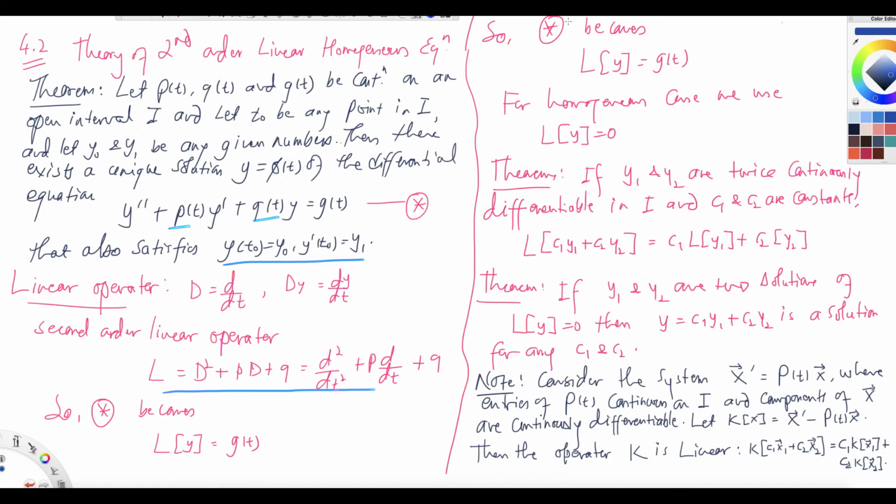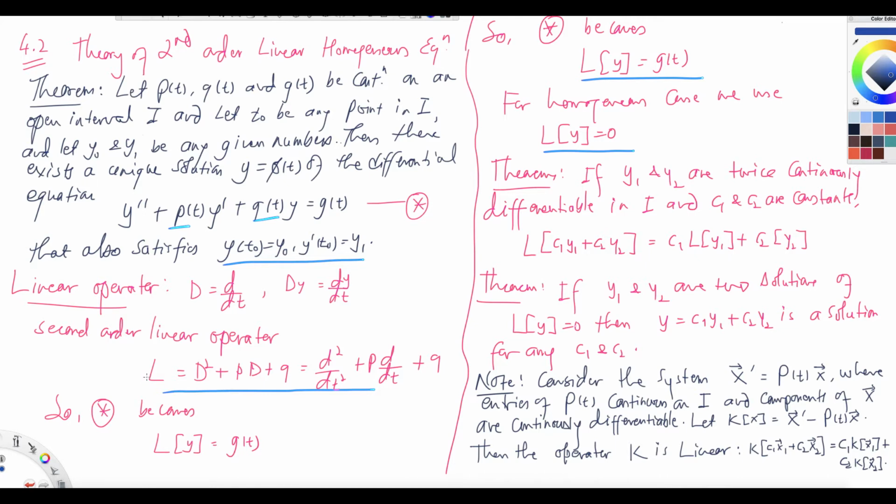That's the same thing. Now if this equation is homogeneous, then the right hand side function g(t) will be 0, and in that case the operator equation will be Ly equals 0. This operator L is linear.